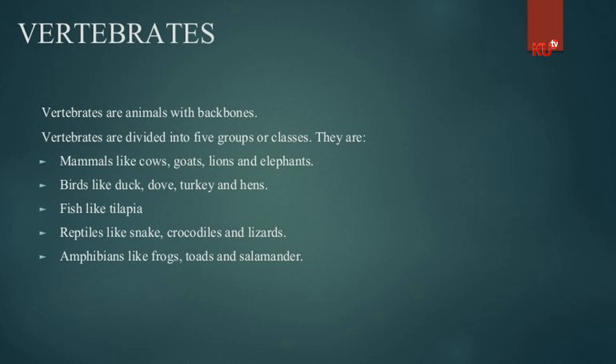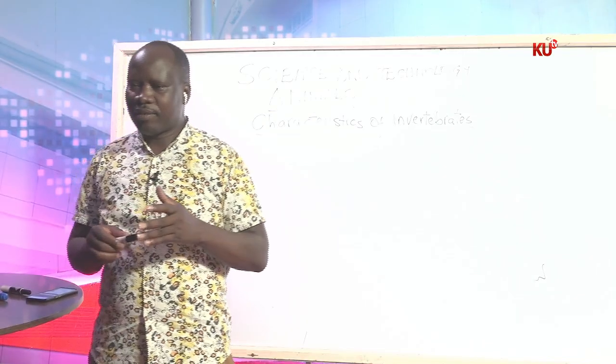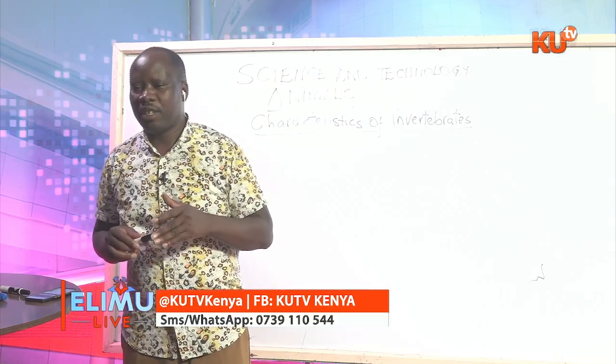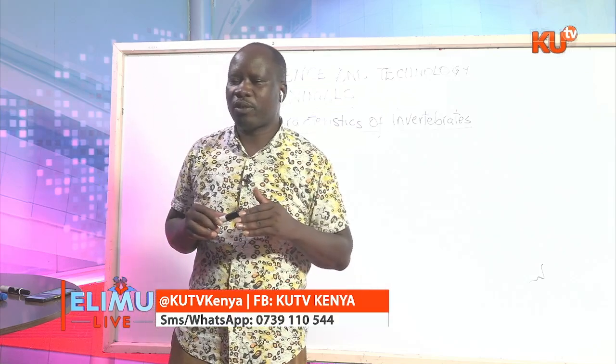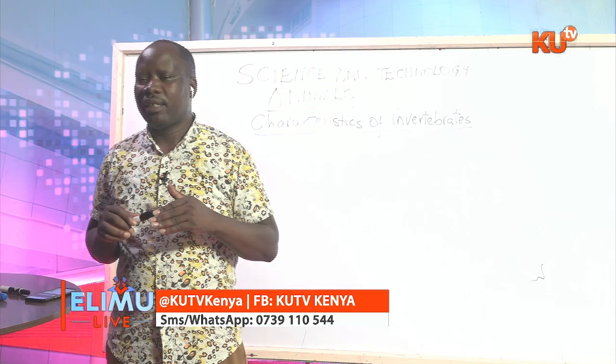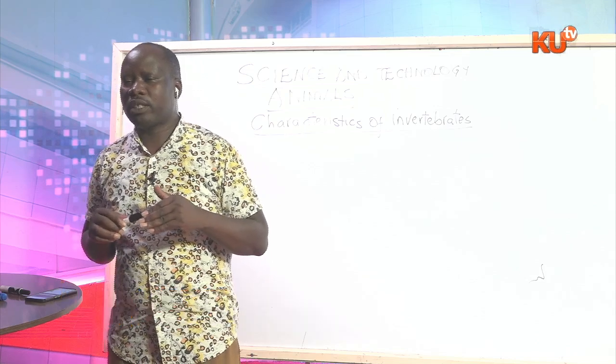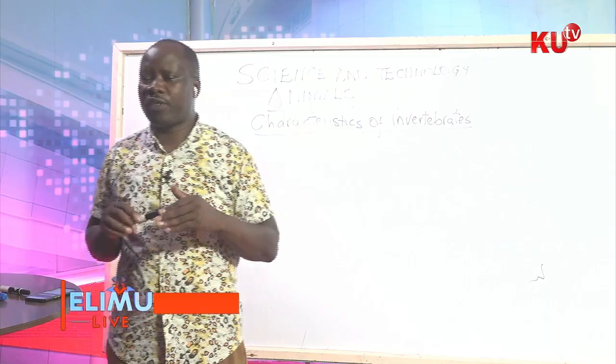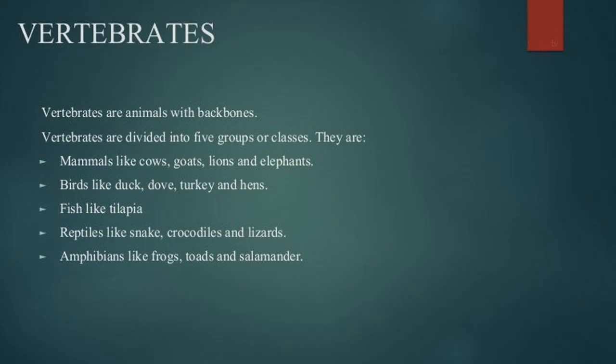So the first category we said mammals. The second one we've talked of birds. Then number 3, we have talked of fish. Group or class number 4 of vertebrates is made up of what is called reptiles. Reptiles is the fourth group or category.